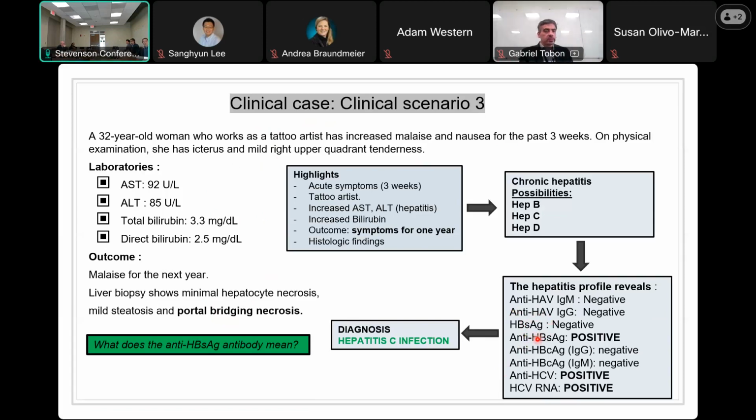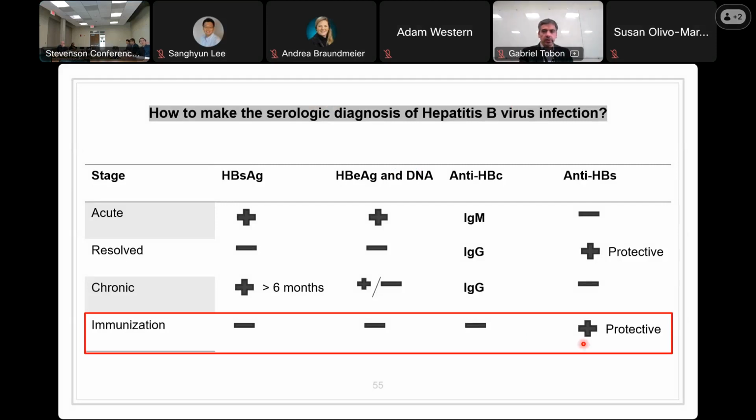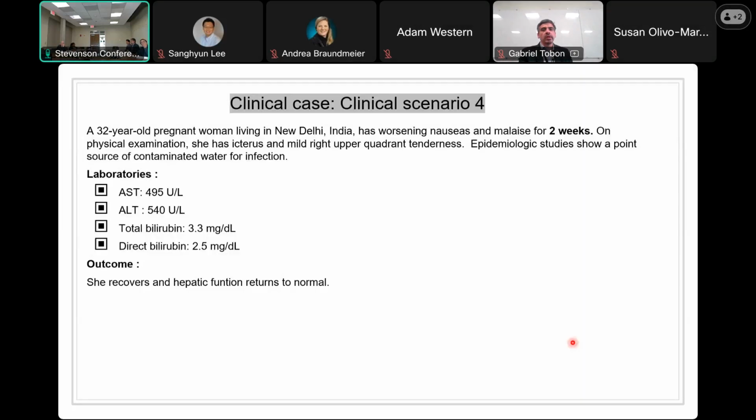They usually are able to answer that the patient is vaccinated against hepatitis B, immunization, like this one. The only marker is the surface antigen antibody positive, which is protective due to the vaccination.